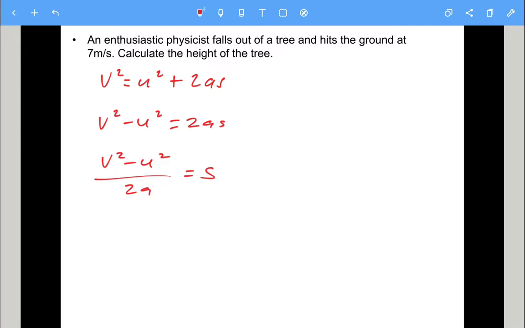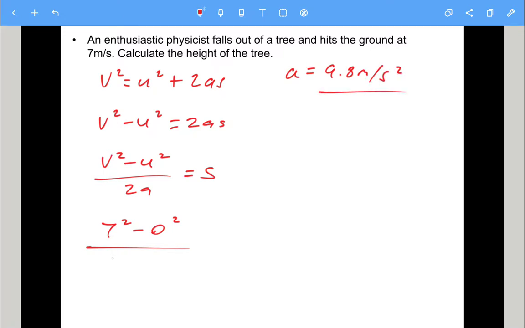Then we just need to put our numbers in. So the final velocity is 7 meters per second, so that's 7 squared, minus the initial velocity is 0, because the person's in the tree. So 7 squared minus 0 squared is obviously just 7 squared, divided by 2 times the acceleration. Remember the acceleration, as it's a falling object, is 9.8 meters per second squared.